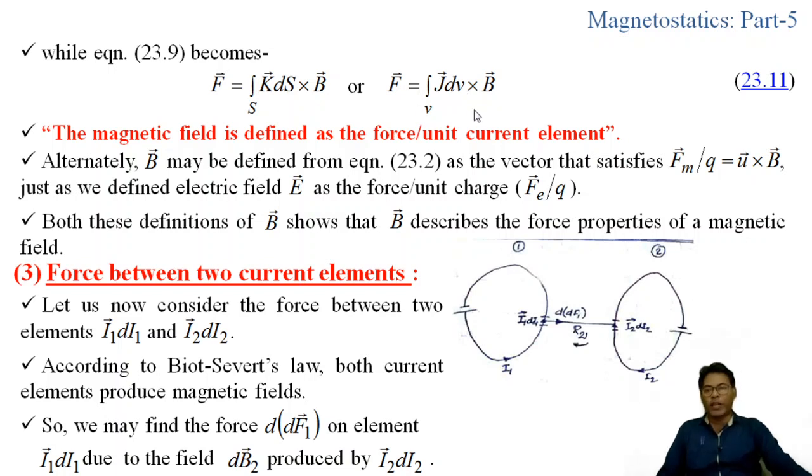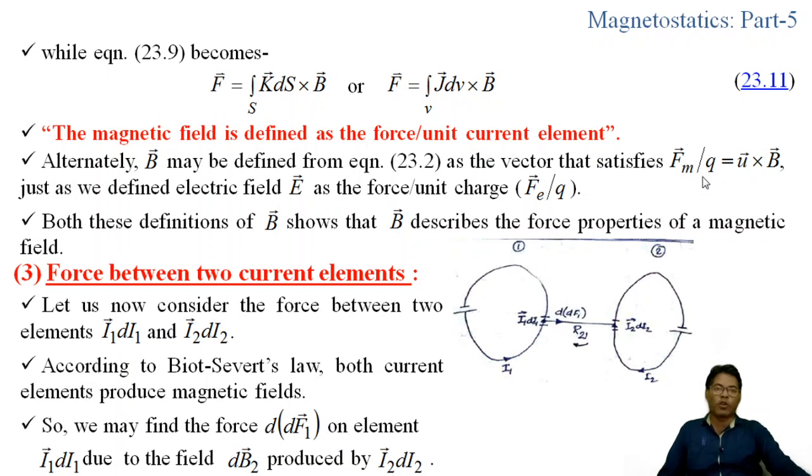Another point I want to mention is that the magnetic field is defined as the force per unit charge. Just like in electrostatics, force F equals QE, so if the force is divided by Q, we have the electrostatic field intensity F by Q. Similarly, we can find the magnetostatic field intensity, Fm by Q, which equals u cross B. Here you can replace this small q by the capital Q, as we have seen in earlier cases.